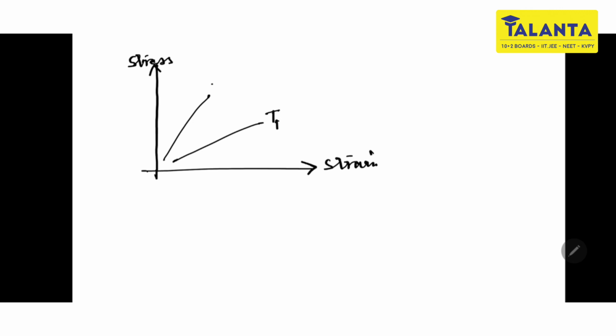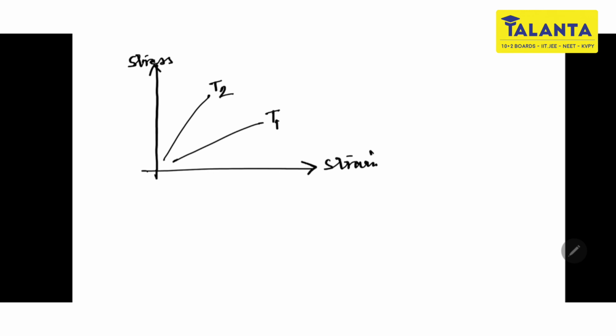Consider here is a stress strain graph for two materials or for a material at temperature T1 and T2. তোমাকে বলা আছে which temperature is higher, T1 greater না T2 greater. তো heating makes deformation easier, which means lesser elasticity.